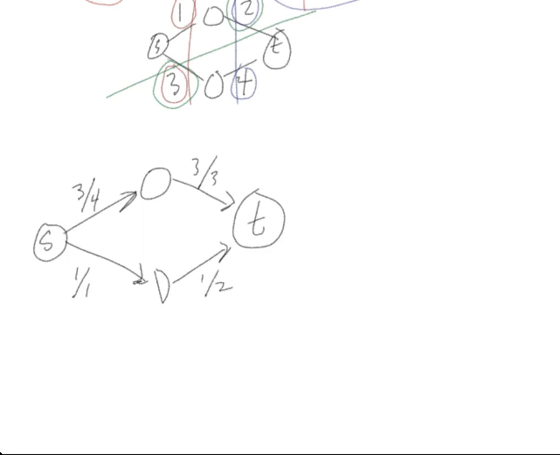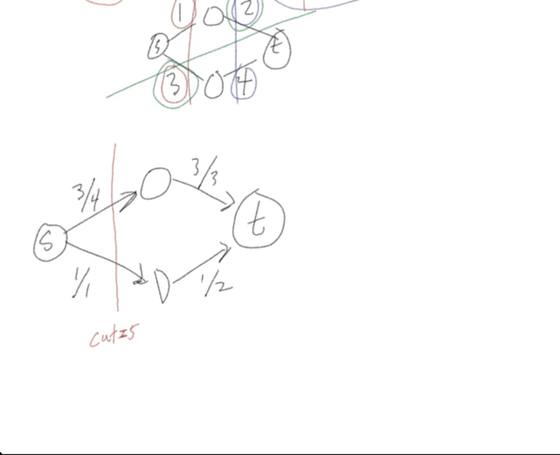This is the flow network we had before. And so let's look at some cuts. Let's look at this cut here. This cut is equal to 5. Or, it's not the min cut, it's just a cut. The capacities summed together are 5.